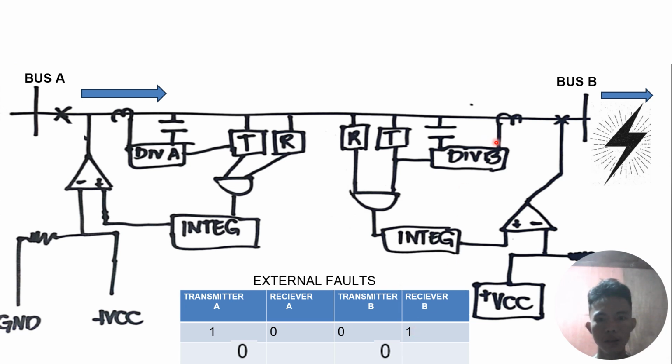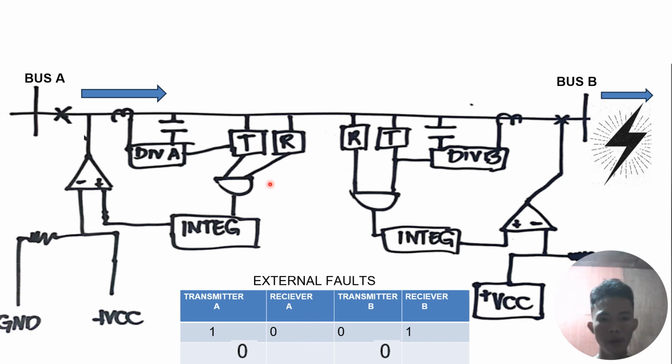But when an external fault happens, remember that the direction of the fault current is not coinciding with the direction of relay B. So when an external fault happens, the transmitter of relay B is 0 and it will be received by the receiver of relay A, which is 0.